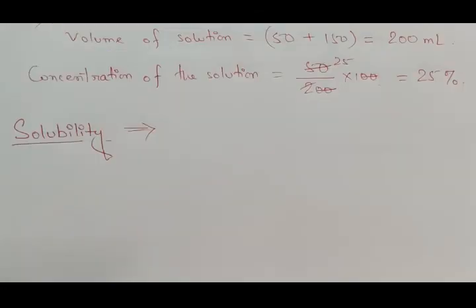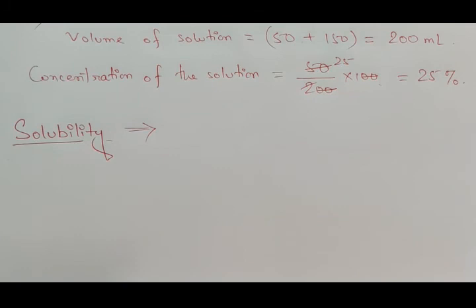Now we will learn about the solubility. See, when we were discussing the heating or cooling effect on the saturated solution, we said that when we are increasing the temperature, the solubility of the solute increases, and on decreasing the temperature, the solubility of the solute decreases. So what does this term solubility mean?